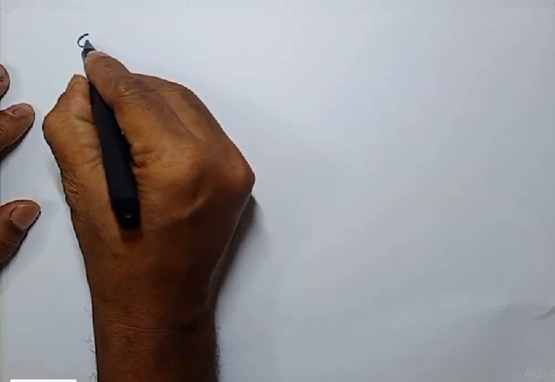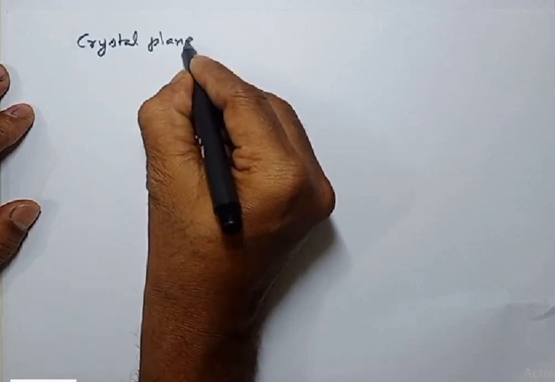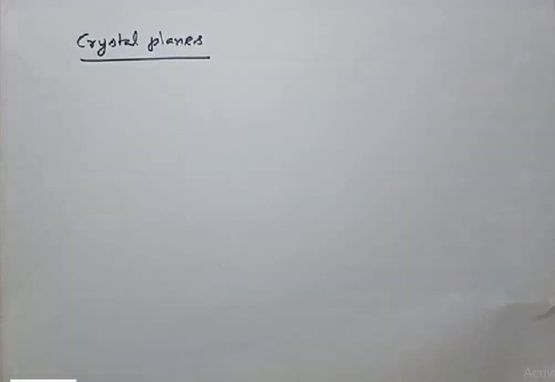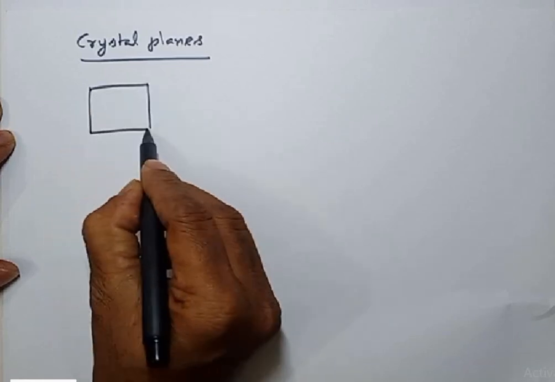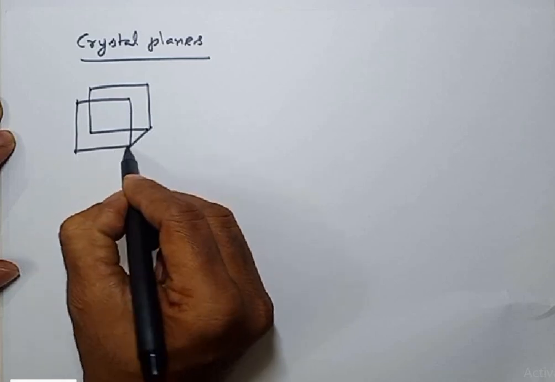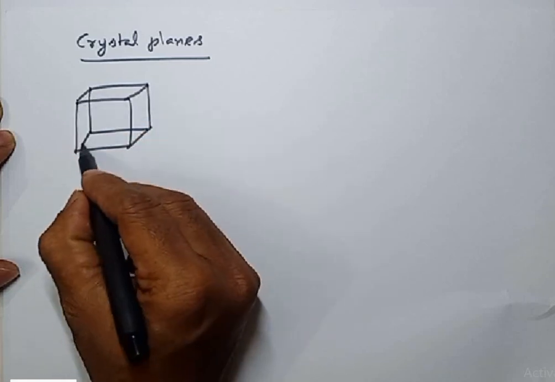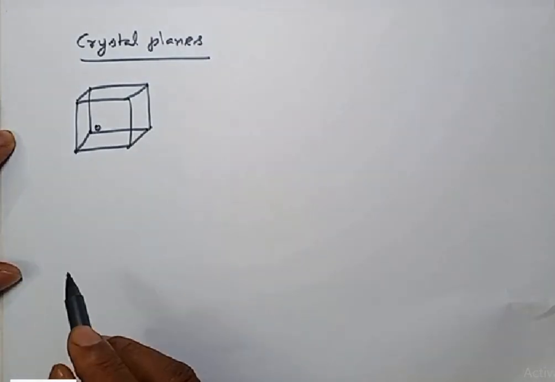What is meant by crystal planes? Take note. Crystal planes. Suppose I take a cubic unit cell. Actually, this need not be cubic, but just for understanding purposes, I'm taking cubic. I'll fix this corner as the origin.